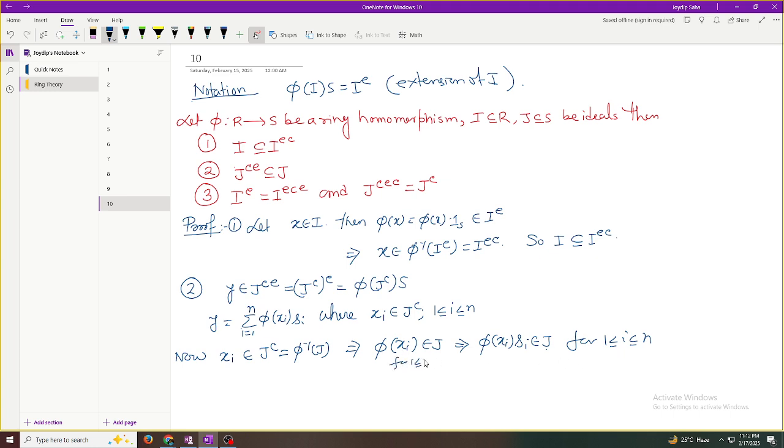So the summation of phi xi si belongs to J. This implies y belongs to J. Hence, what happened?